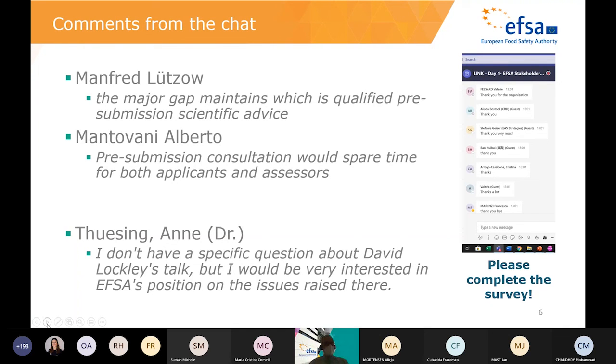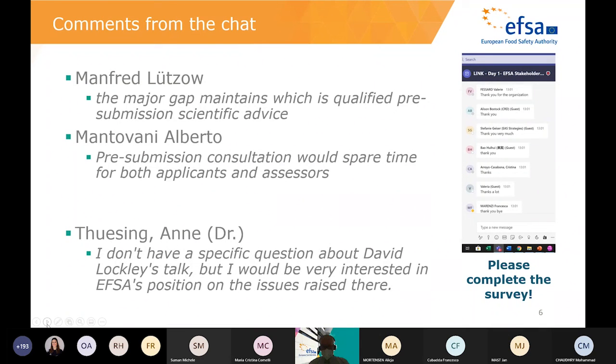But one of the key elements for this stakeholder event was exactly to be involved in this kind of discussion, and also to facilitate the way that we are explaining the guidance and producing case studies that maybe are published in the future.